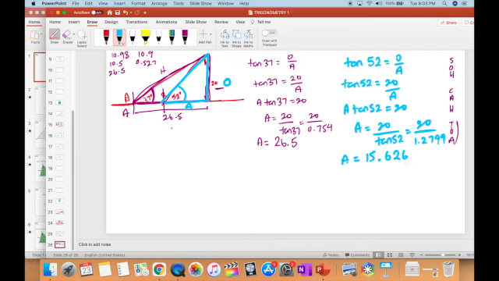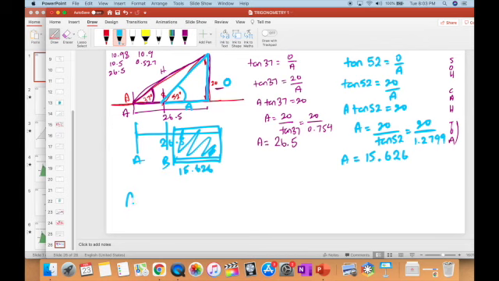Alright? So we can see here that the long side is 26.5. The short side is 15.626, and so if we minus the 15.626 from this 26.5, what we have here will be the distance AB.